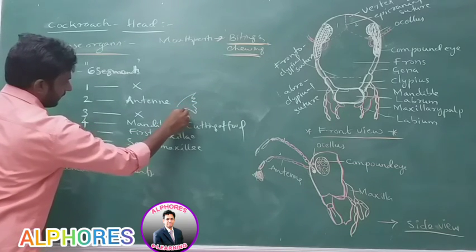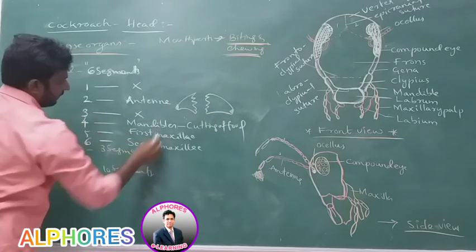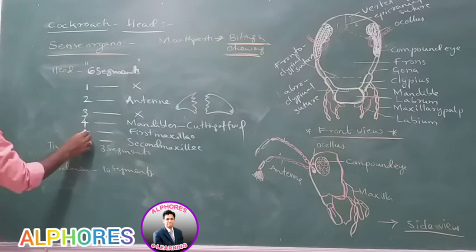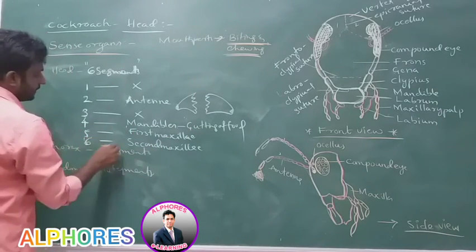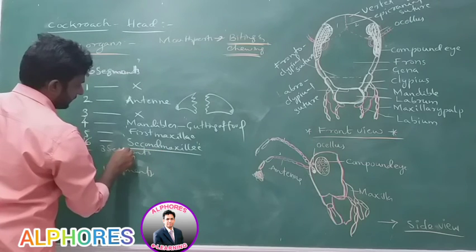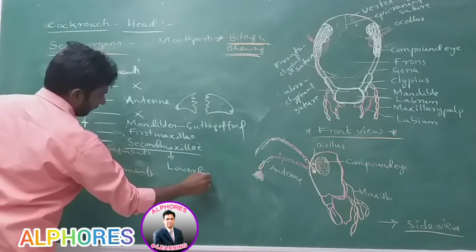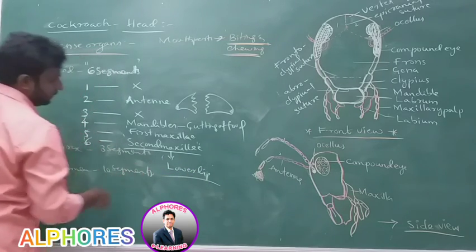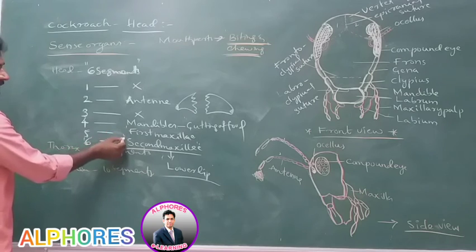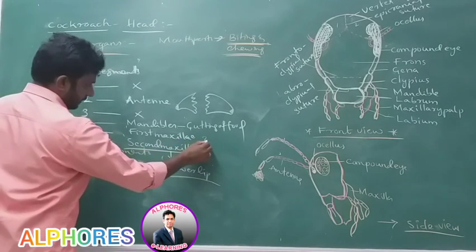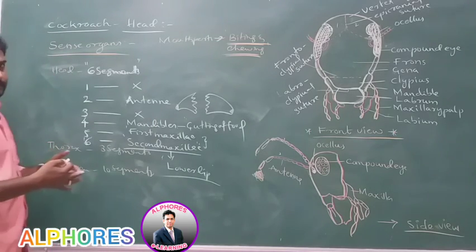Then the fifth segment consists of the first maxillae, and the sixth segment consists of the second maxillae. The second maxillae are fused to form the lower lip.